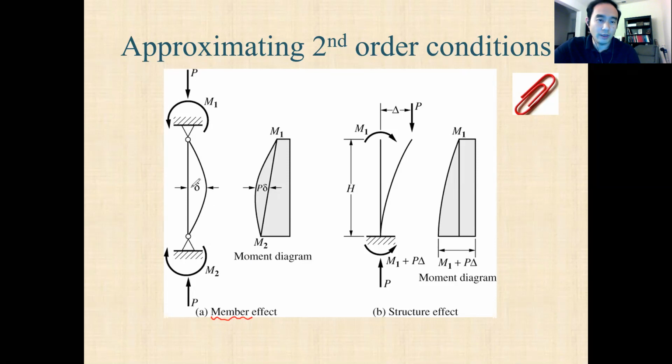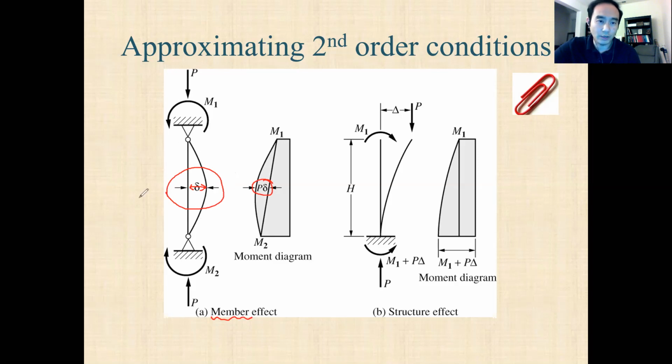So we do have a deformation along the length, especially in the middle, the center, which is the point where we have the maximum deformation. Due to this deformation, small delta, we will have additional moments here, which is P times delta, because this P is going to be applied through the centroidal axis of this column.